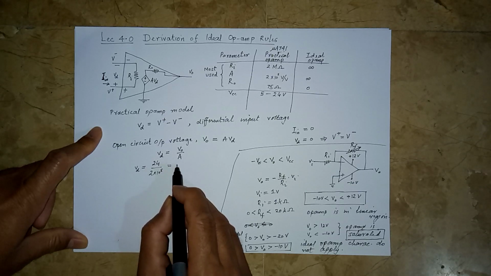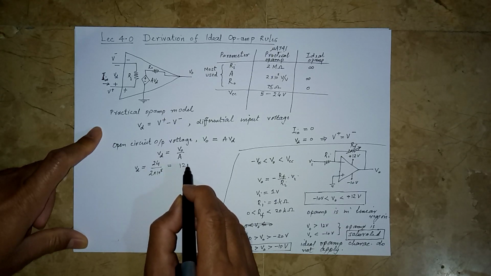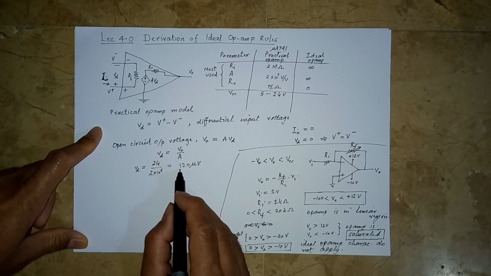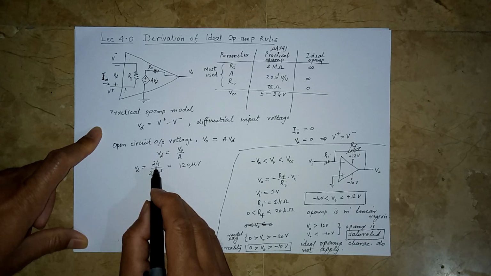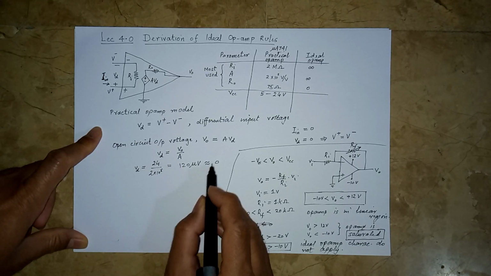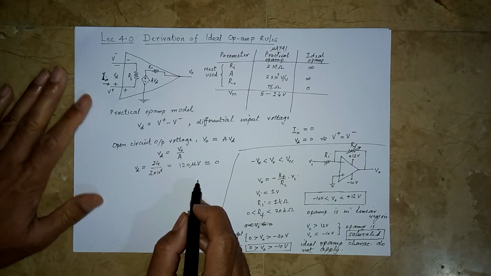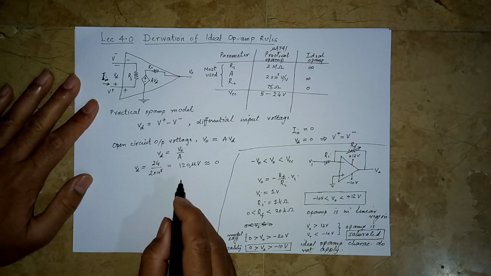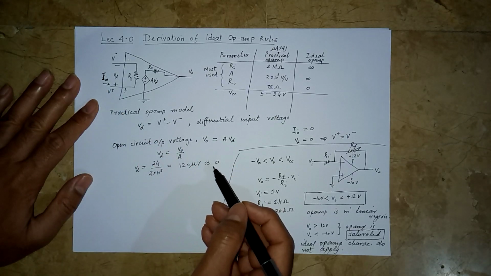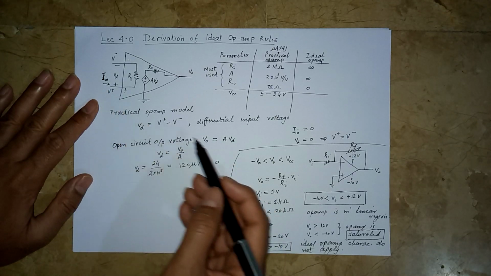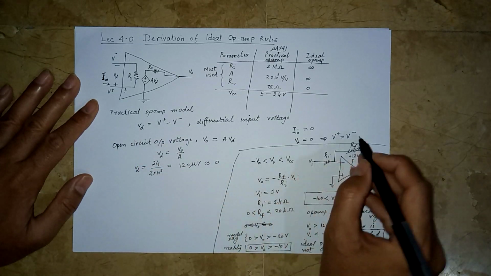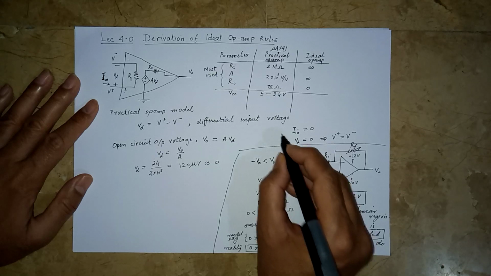Then this comes out to be something like say 120 microvolt. So VD is 120 microvolt. Now compare this 120 microvolt with 24 volts. So this is almost as good as 0. So it is really not something absurd that in an ideal op amp we consider this VD to be 0. In reality, even this VD is very small. So we have in a way proven the second ideal op amp rule.